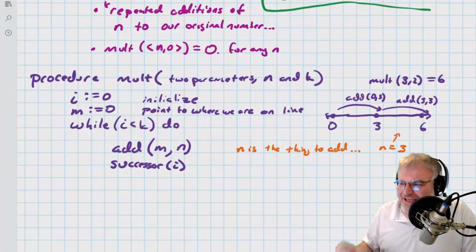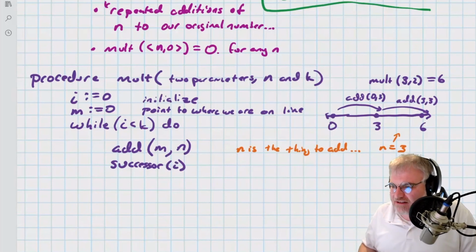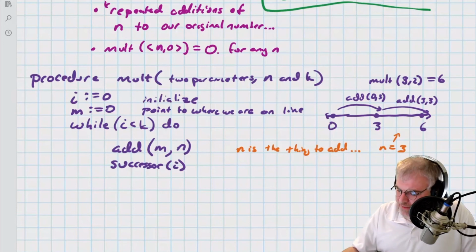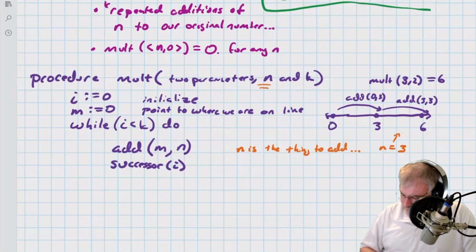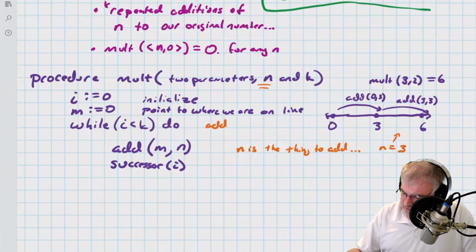So the n becomes the k in add. The n came from a parameter. So I want to add n to 0 k times.